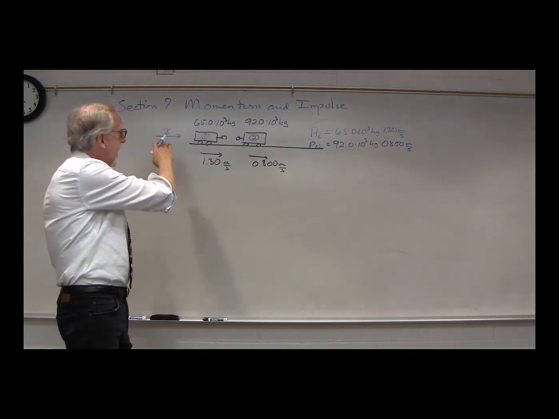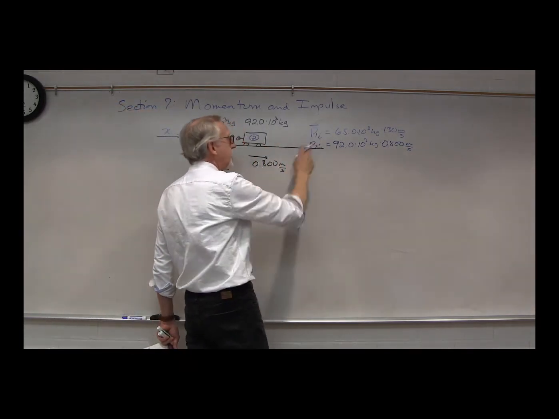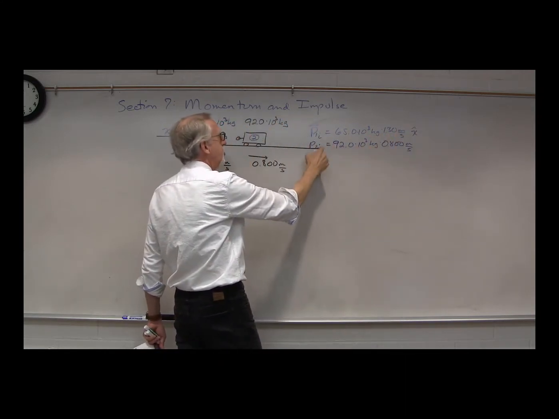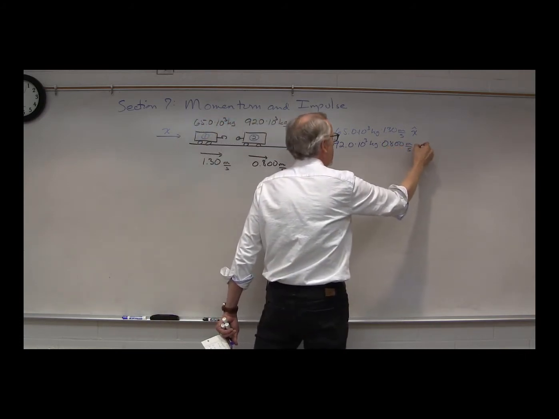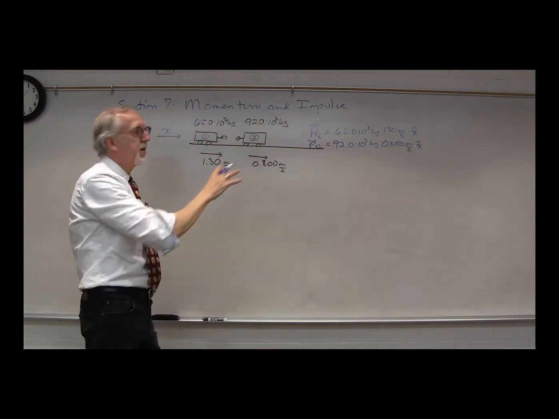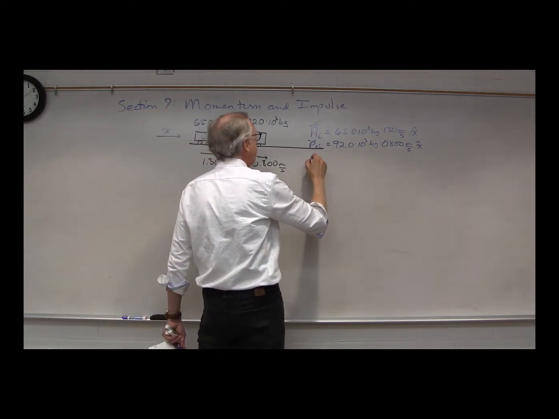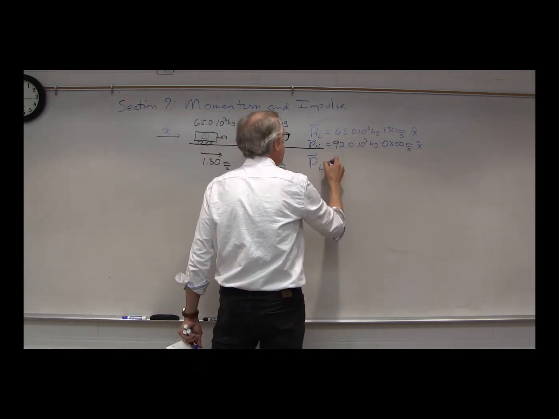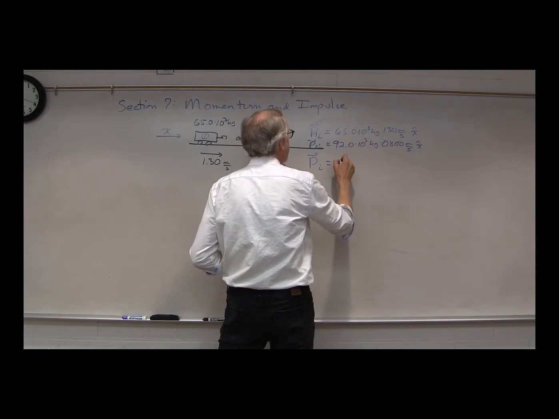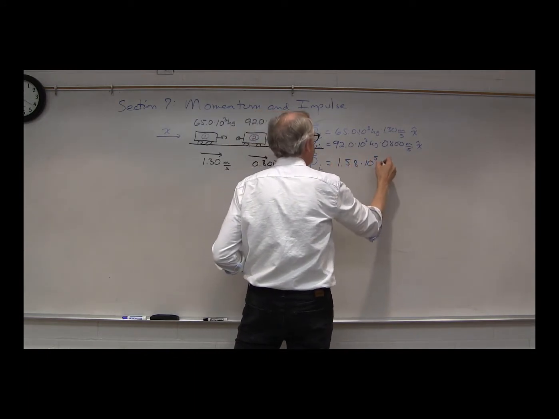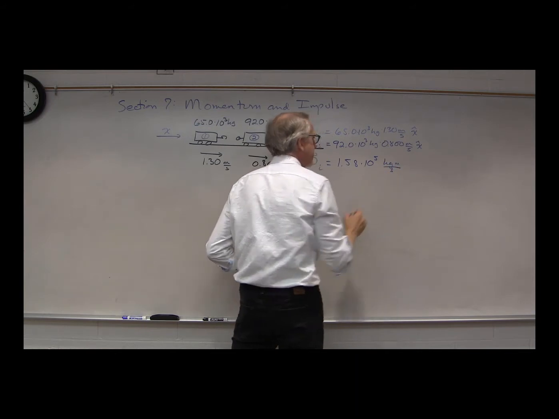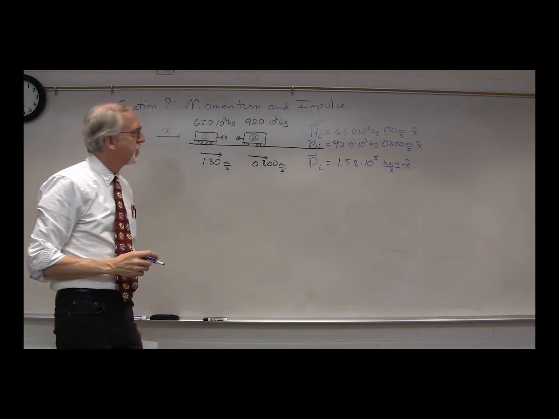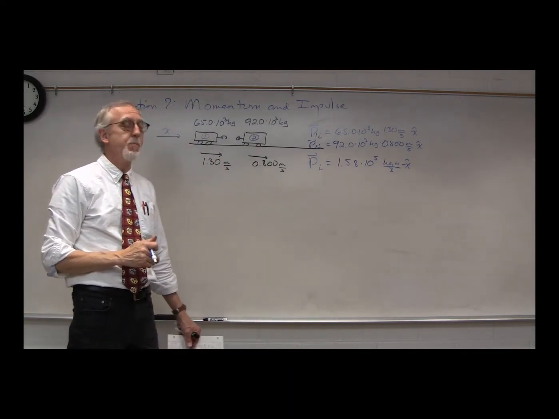Now, if we want to write this as a vector equation, P1 initial is in the x direction, so x hat, and P2 initial is also in the x direction, so x hat. Multiplying these out and adding them together, we have that our total initial momentum is equal to 1.58 times 10 to the 5th kilogram meters per second, and that also is in the x direction. There we go. So there is our total initial momentum.